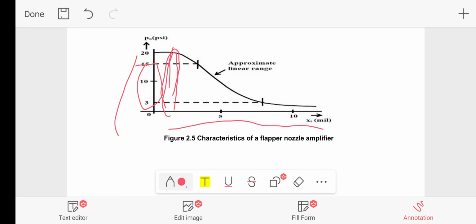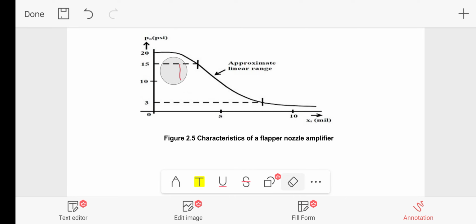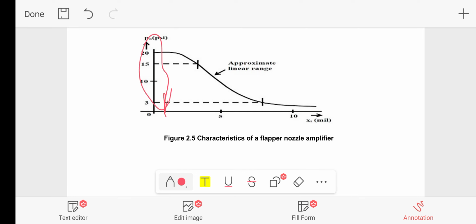Sorry, I reversed it. Suppose the flapper nozzle is close, so the full 20 psi comes. When the flapper moves away from the nozzle, the output pressure decreases. Suppose the flapper is 5 millimeter away, so only 10 psi comes.